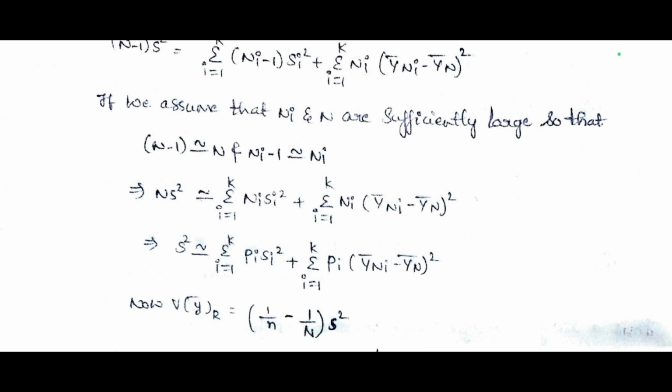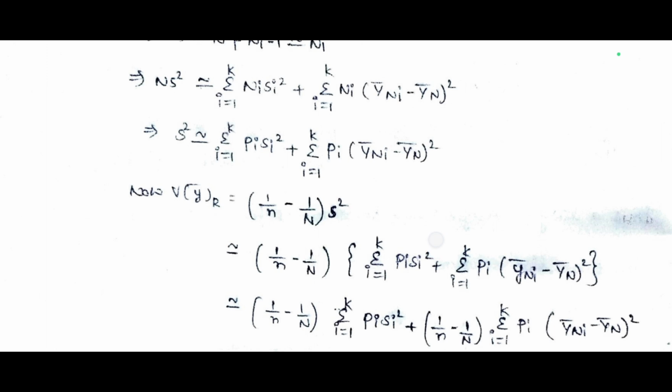So this can be converted into the proportion P_i = N_i/N. So S² is approximately equal to that value. Now we are comparing this S² in terms of the variance of ȳ formula.